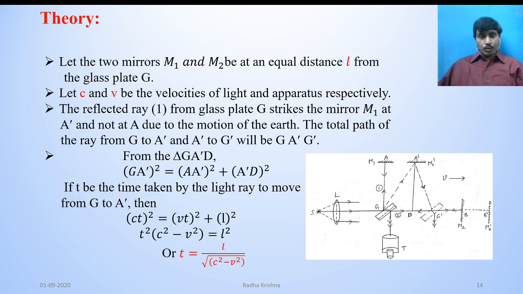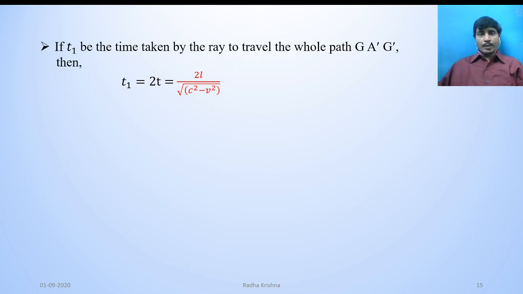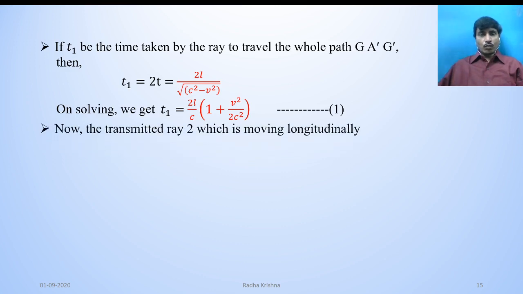Therefore, t squared into (c squared minus v squared) is equal to L squared, or t is equal to L by square root of c squared minus v squared. If T1 be the time taken by the ray to travel the whole path G A' G', then T1 is equal to 2t, which is equal to 2L by square root of c squared minus v squared. On solving, we get T1 is equal to 2L by c into (1 plus v squared by 2c squared). That is equation 1.